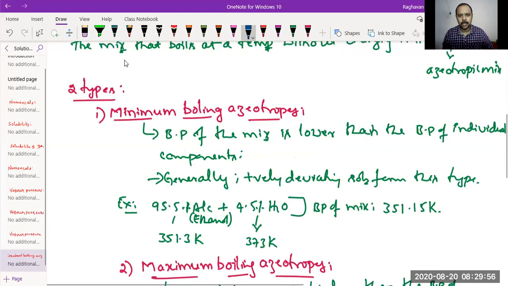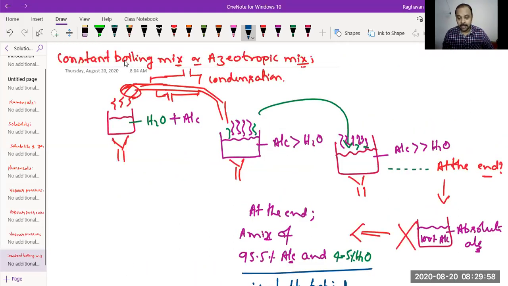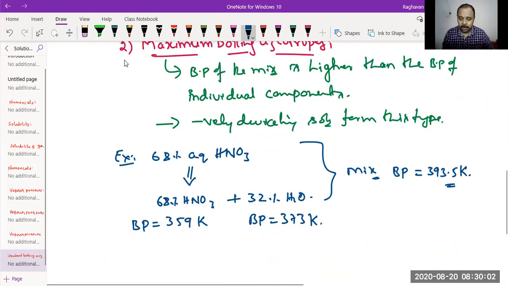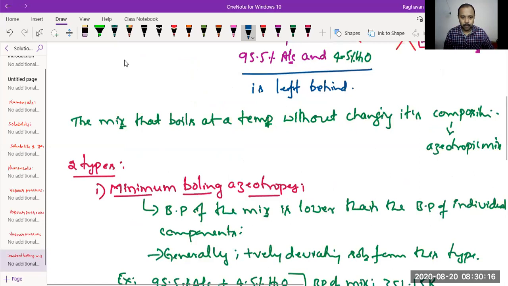Sometimes you will come to know in the alcohols chapter at the end, probably sir is discussing now. At the end you have the manufacture of ethanol from molasses. There you get a mixture at the end, which is called rectified spirit: 95.5% alcohol and 4.5% water.